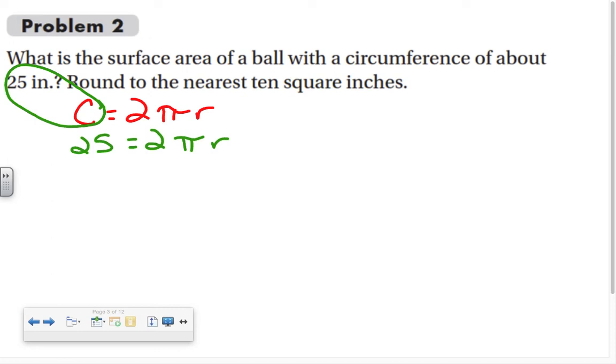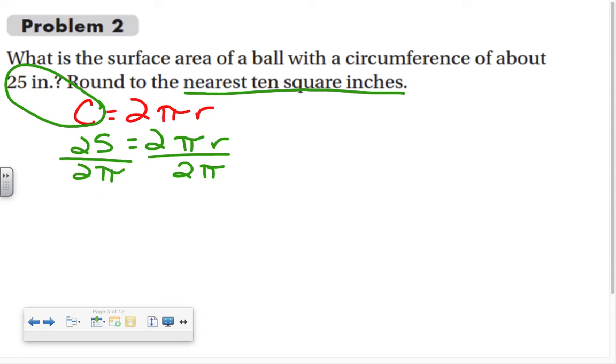In the instructions, they're asking me to round to the nearest 10 square inches. Most importantly, at this point, I know that I'm going to be rounding, so I don't need to carry that pi around. I can just evaluate through. So in order to solve for r, we would divide both sides by 2 pi.